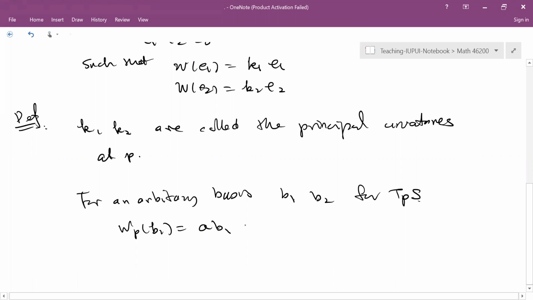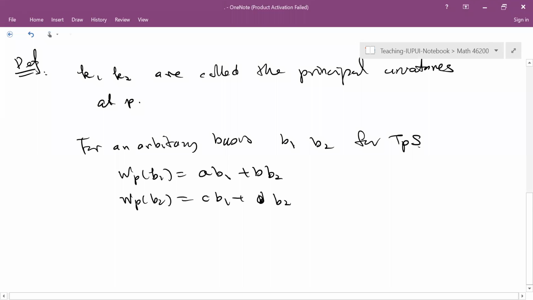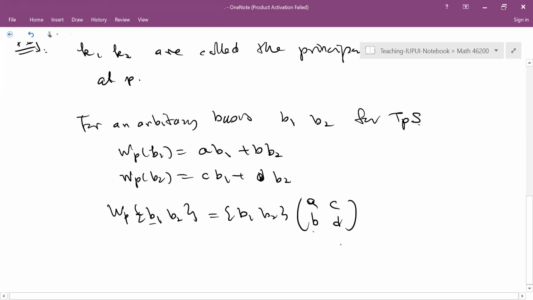W of B1 is A B1 plus B B2, and W of B2 is C B1 plus D B2. So you get a matrix. You can also write it like this. I use this kind of notation because it's not a real matrix of numbers; each element is a vector. It's B1, B2, and here I got A, B, C, D. So this matrix is not necessarily symmetric.